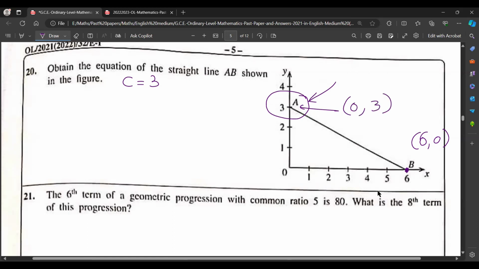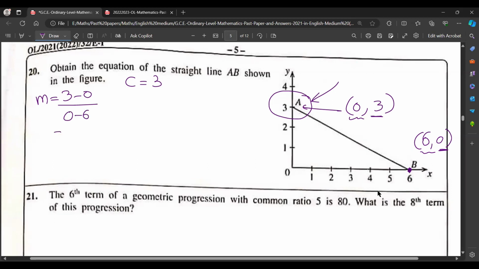According to these two, you can find the gradient. Gradient is y difference divided by x difference. The y difference is 3 minus 0, divided by the x difference, 0 minus 6. 3 minus 0 is 3, and 0 minus 6 is minus 6.